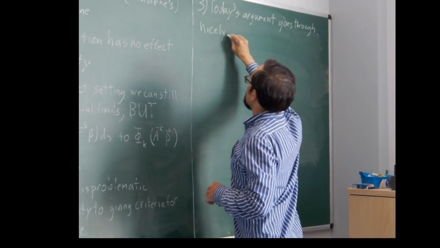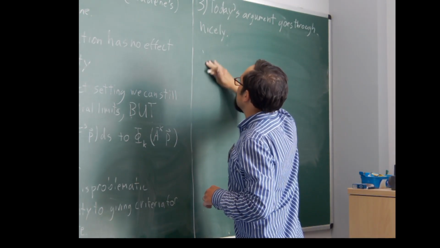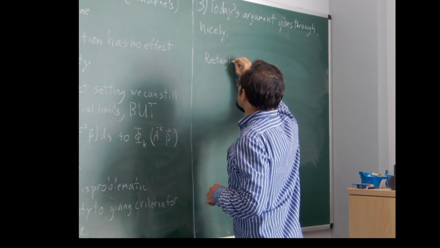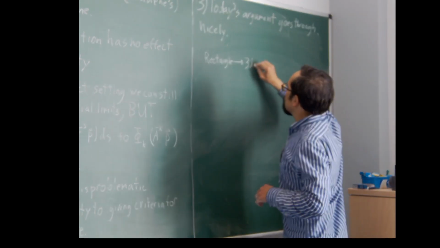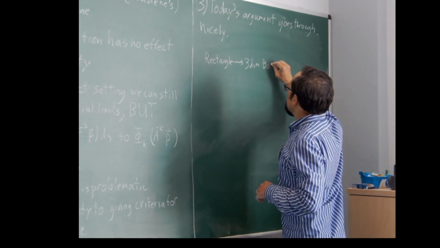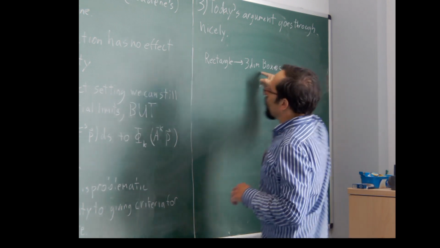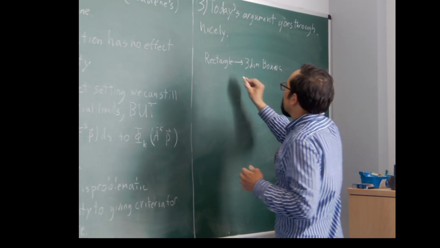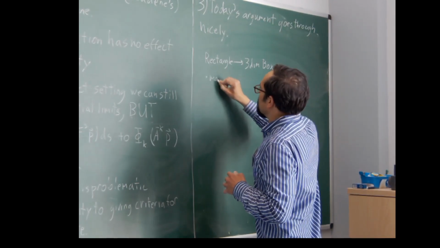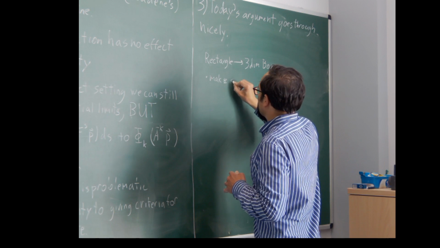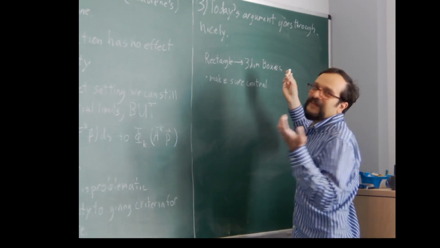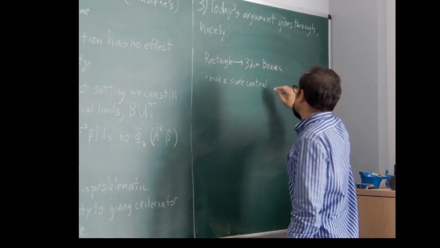I want to make sure rectangles go to three-dimensional boxes in these coordinates, because boxes in these coordinates that are small enough are sent to boxes in these coordinates that are small enough. And you want to make sure the central direction is small. But you fix an epsilon ahead of time, and based on that, you choose your central direction to be small.